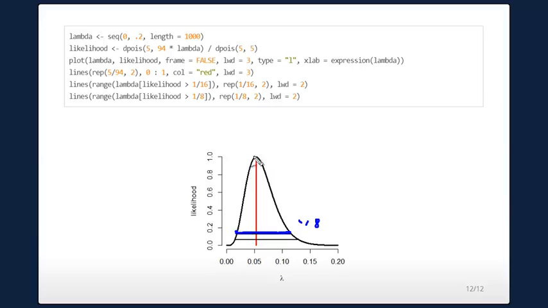Of course, this is all predicated on having normalized the likelihood with the MLE at 1. And all of the points of lambda that fall within this interval, because it's 1/16, are the points such that there is no point that is more than 16 times better supported.